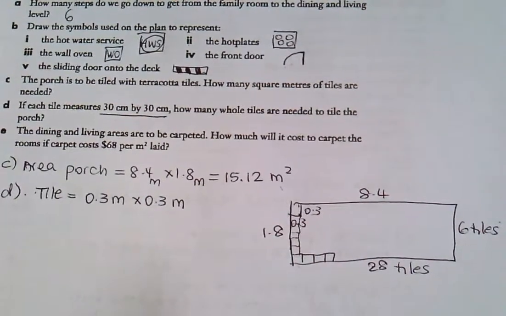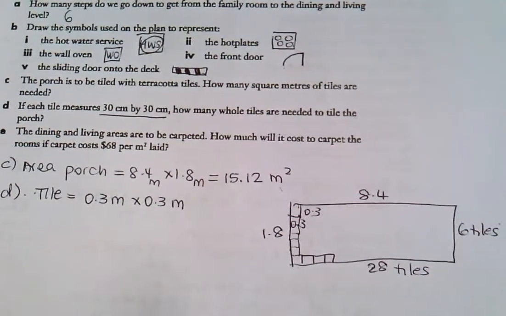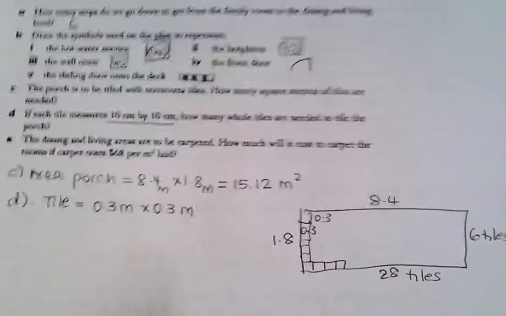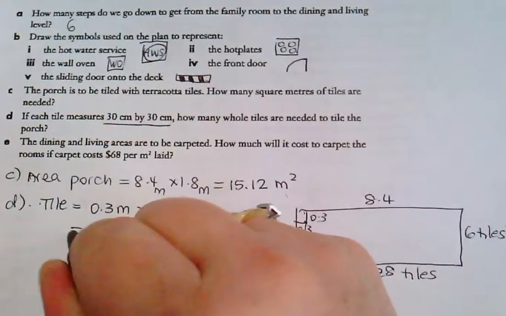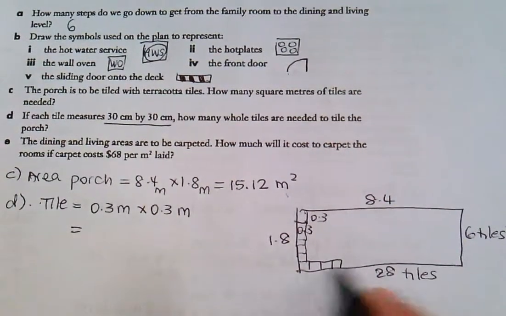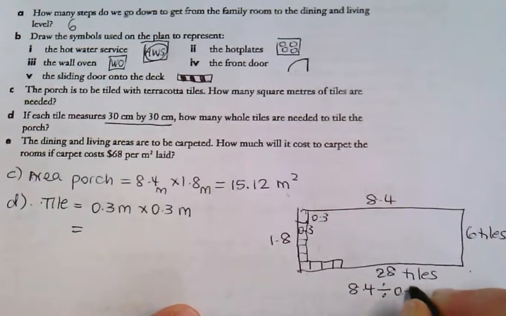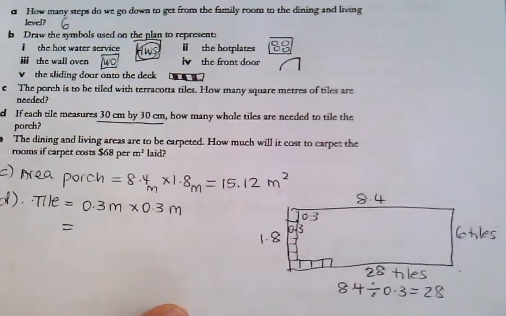We know each tile is 30 centimetres. They haven't allowed for grout. They're supposed to allow for grout, but I don't think they want you to do that in this sort of question. So we can do this question two ways. We know we can fit 28 tiles across there because I went 8.4 divided by 0.3 is 28 tiles.